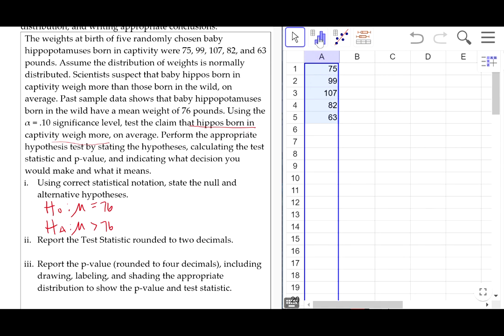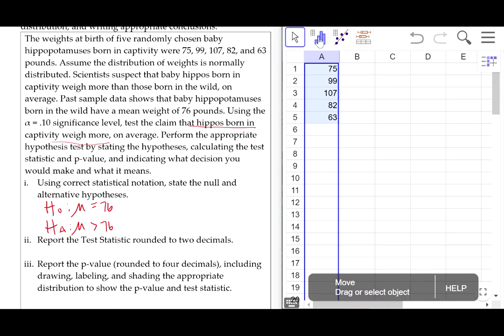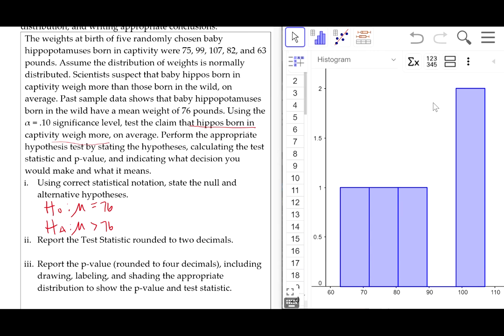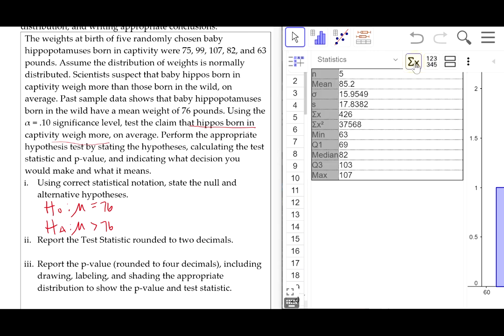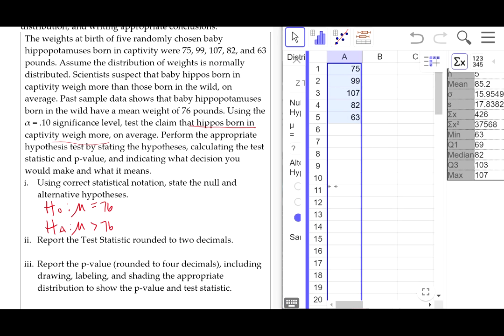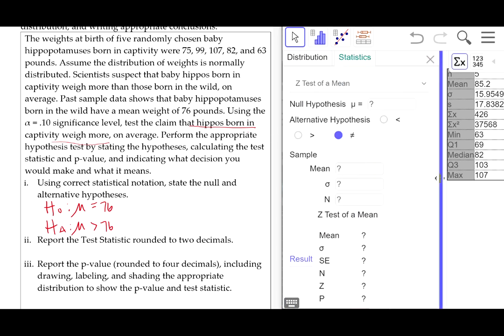I've highlighted those data, and by clicking on one variable statistics, I can create a histogram, and then by clicking on the summation of x button, I can compute the sample size, the mean, the standard deviation, and so I'm going to use those values. Let me slide this over and this over as well.